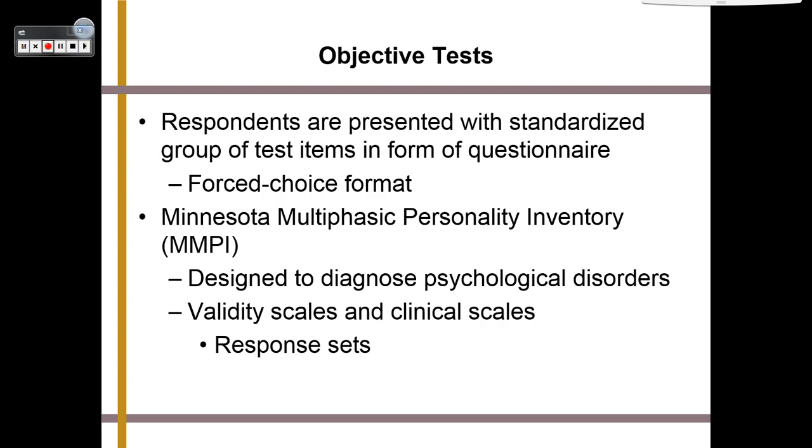Objective tests are ones in which respondents are presented with standardized group of test items in the form of a questionnaire. Most often we will use a forced choice format, so true or false, pick from one of the following, anything like that. We don't want you to do a write-in. Students in Psychology 1101, pay attention to this. Your surveys should be in a forced choice format.